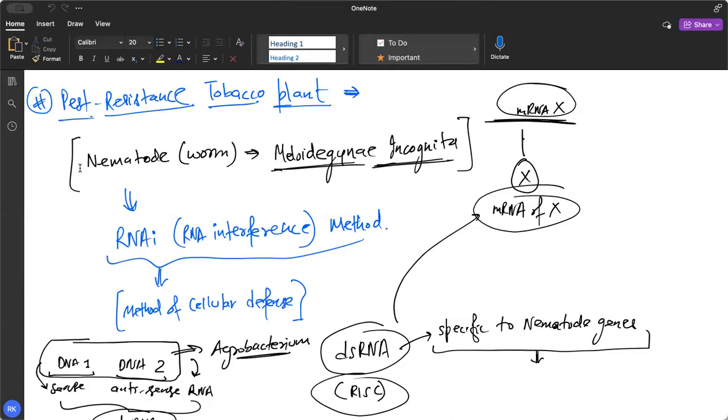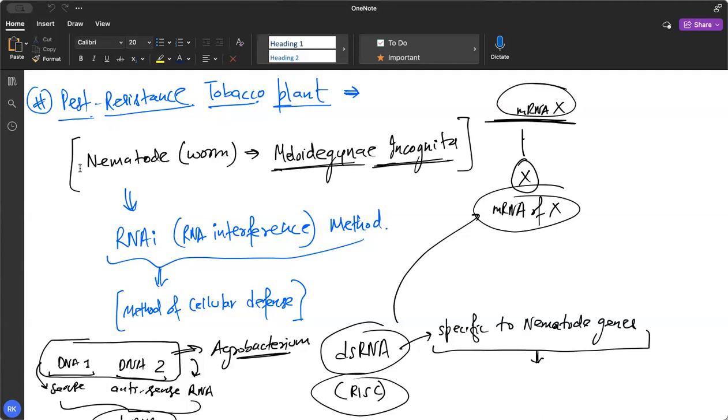So simply, what do you understand, Iram? Where is your understanding? You tell me what you know about RNA interference, and then I'll pick from there. Whatever words come to your mind. So there's a nematode known as Meloidogyne incognita that infects the roots of the tobacco plant.